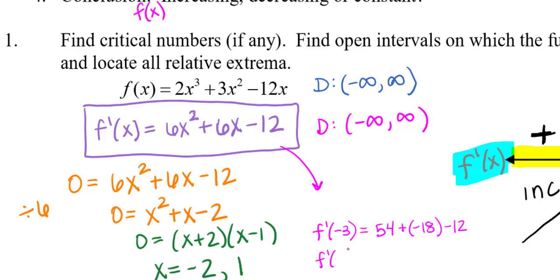Then I might calculate a value like f prime of 0. I can see that that's negative. And then for the last one, I might calculate something like f prime of 2 or 3 or 4. If I substitute that in for x, I get 24 plus 12 minus 12, and I can see that that's positive as well. So you can do your computation by hand if you prefer, or look at the graph, either way.